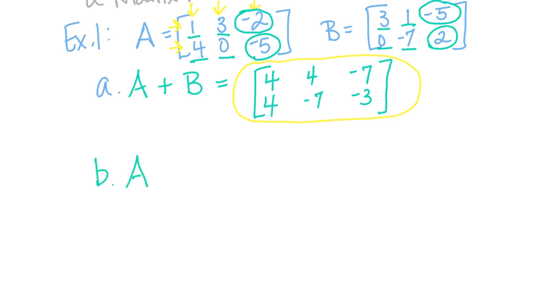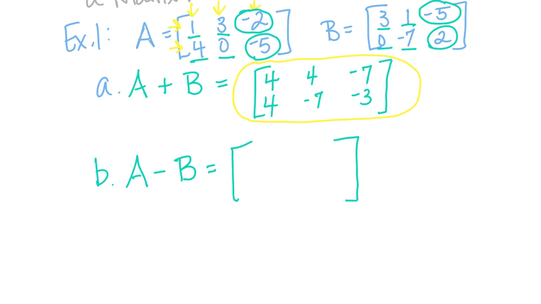Now, what happens if they tell us to take A minus B? So we're doing almost the exact same thing, except we are just subtracting. So we're just going to go in order of matrices.